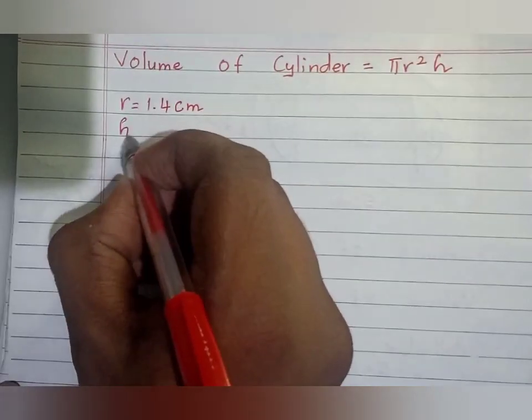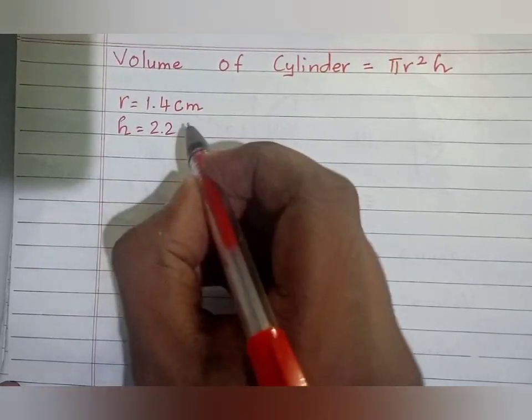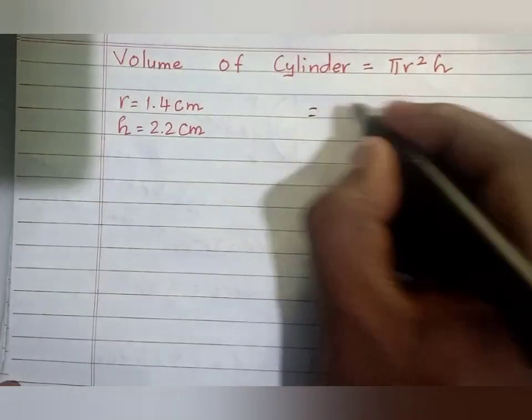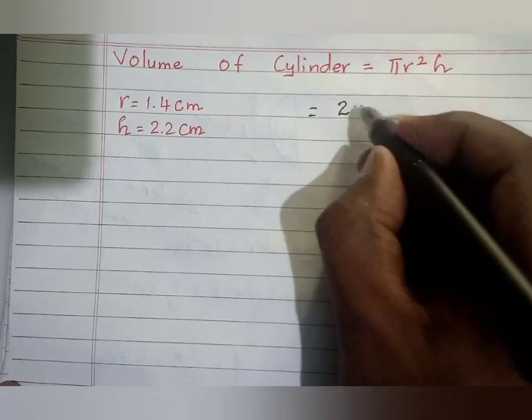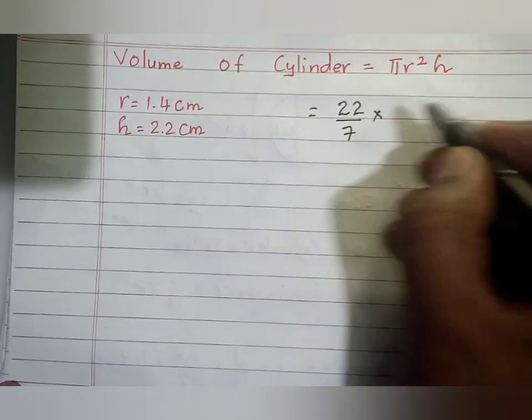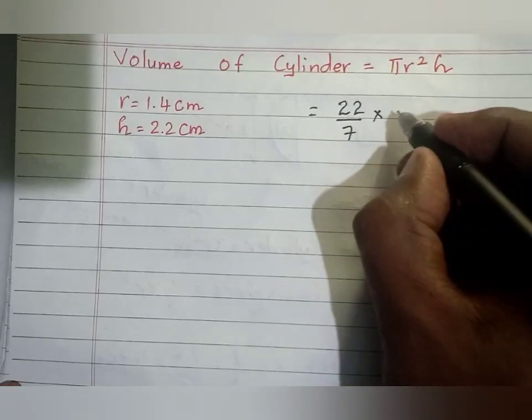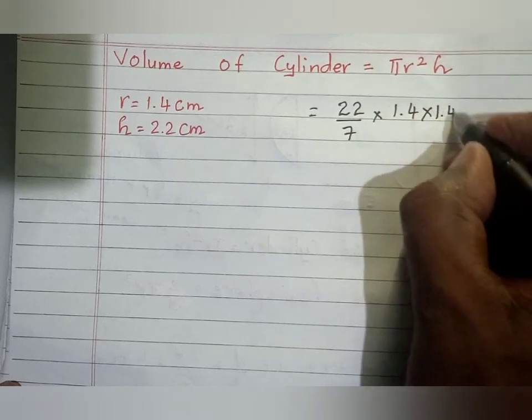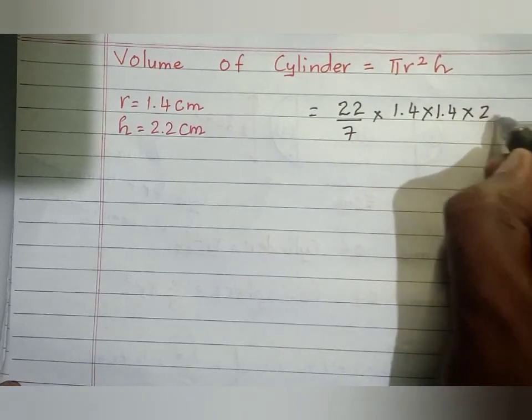What is height? 2.2 centimeter. Substitute these values in the formula. Pi value is 22 by 7 into radius 1.4 into 1.4, height is 2.2.